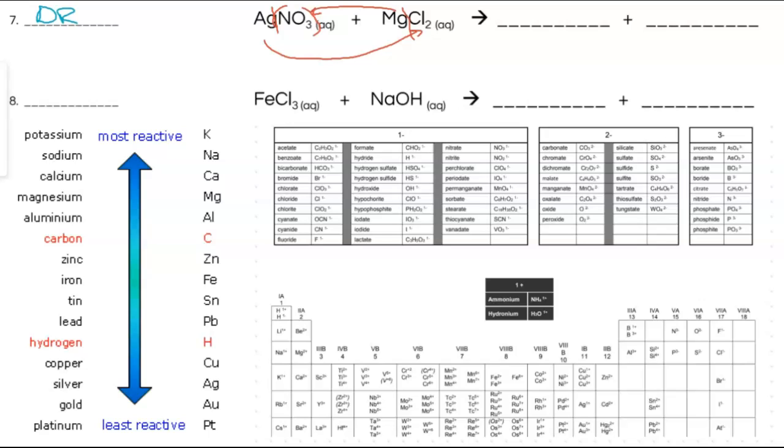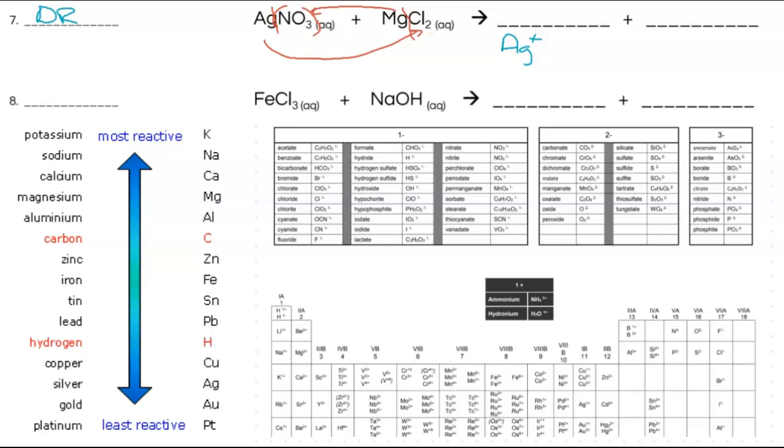So when I write my outsides, I've got silver. And when I look down below, silver's right here on your periodic table. He's going to be a +1. And then I've got to look up chloride. So chlorine is the other one it's going to bond to, and chlorine is right here. So again, I'm not going to bring this 2 with me.